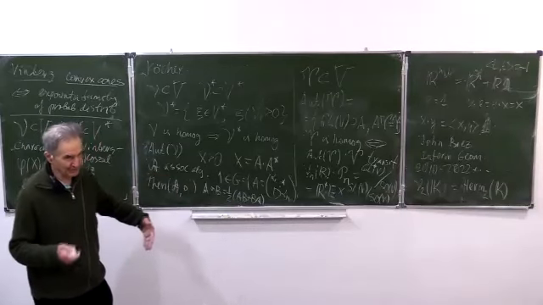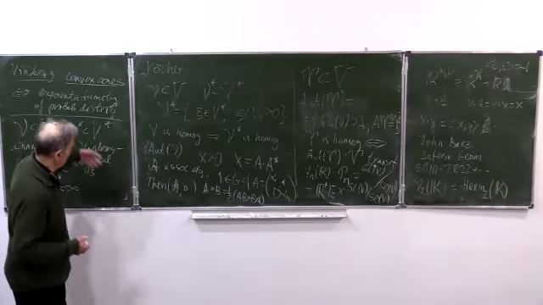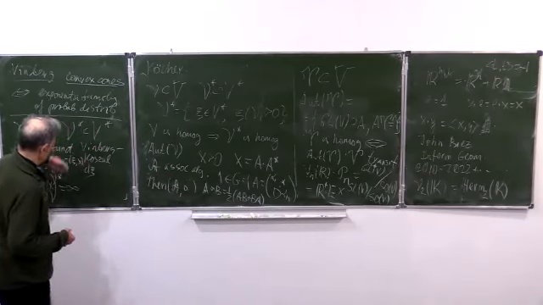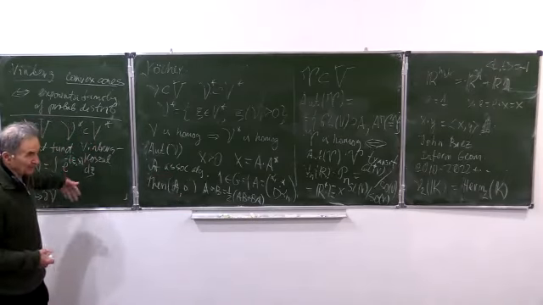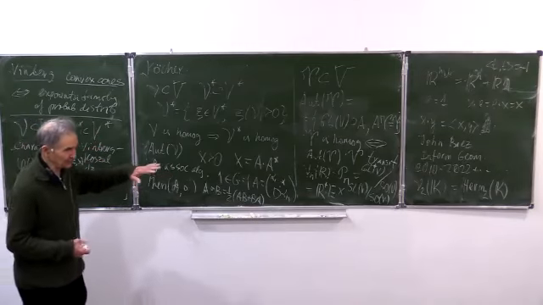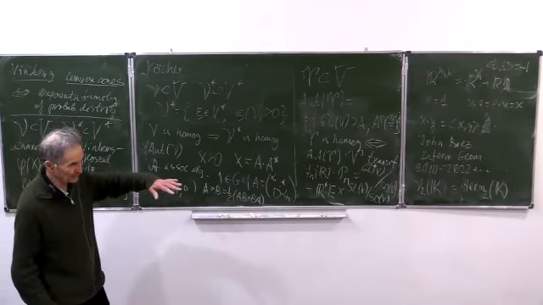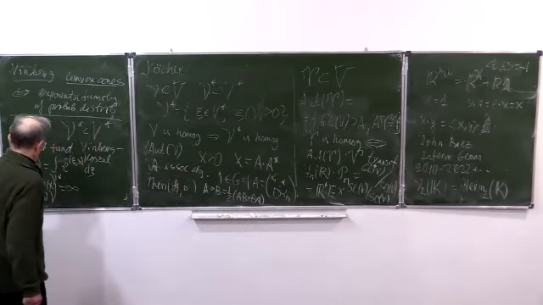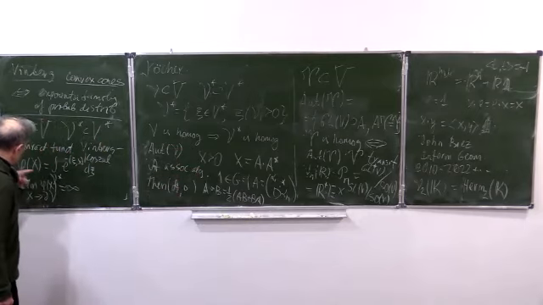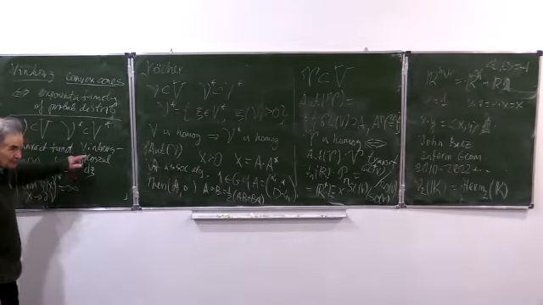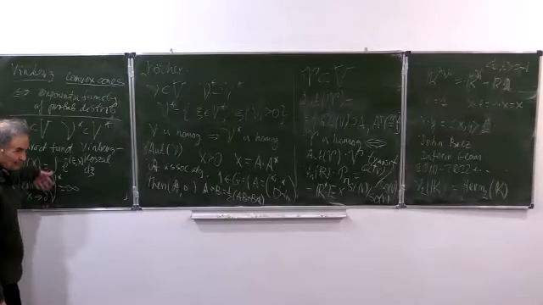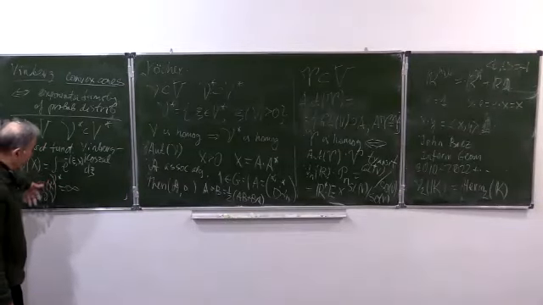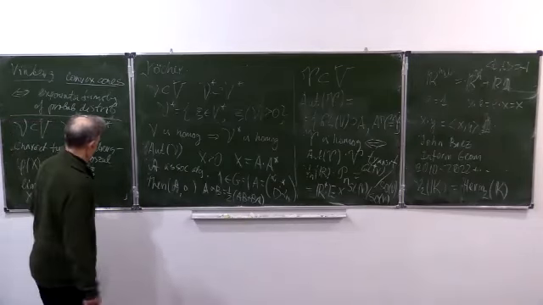And then people try to modify your function, adding to it some other function which does not change the minimum of the function, but goes to infinity on the boundary. And then they consider the logarithm of this phi. In any case, some function which goes to infinity and has a universal formula. So this is one of the applications.